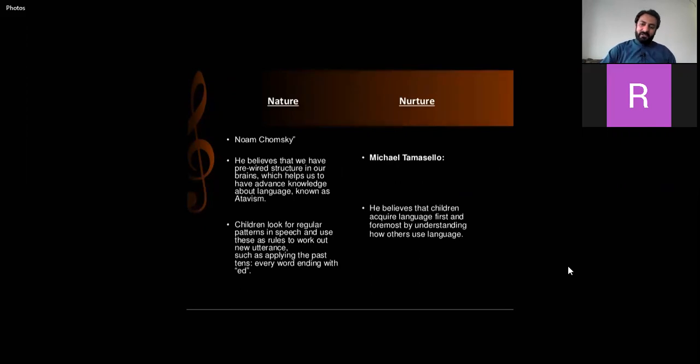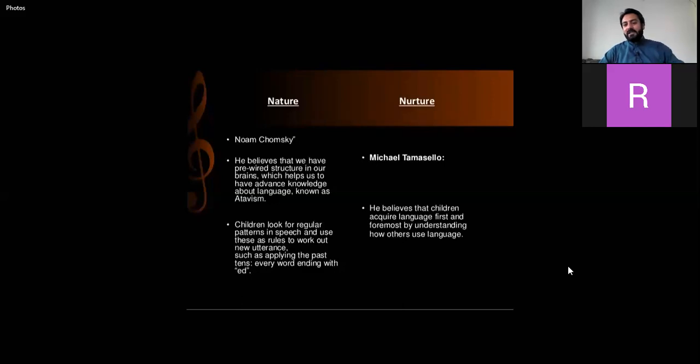As we already mentioned, he believes that human beings have been provided with a LAD. LAD stands for Language Acquisition Device. It means that a device has already been put in the human brain, and human beings can acquire language very easily. It is a natural process.